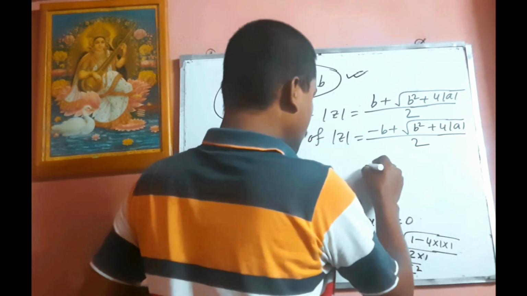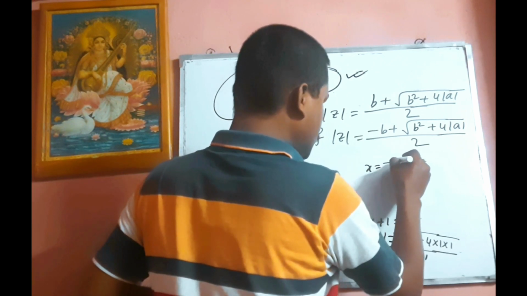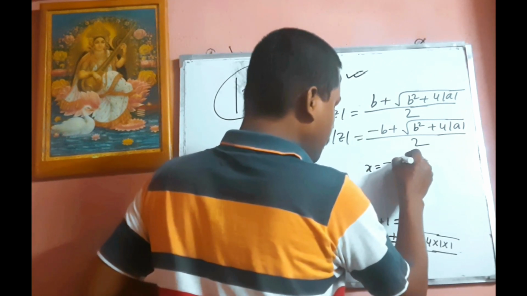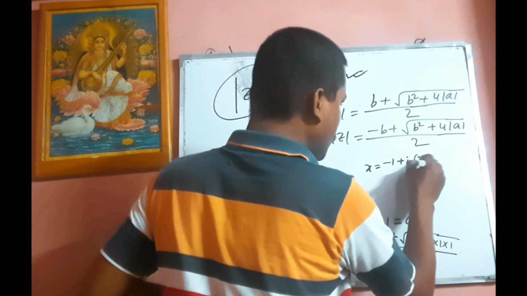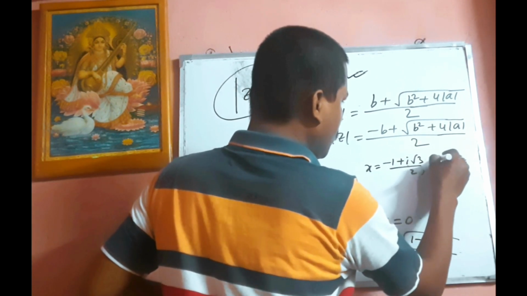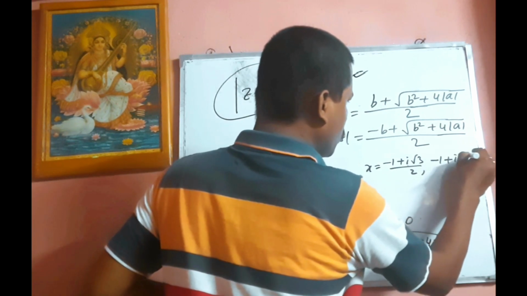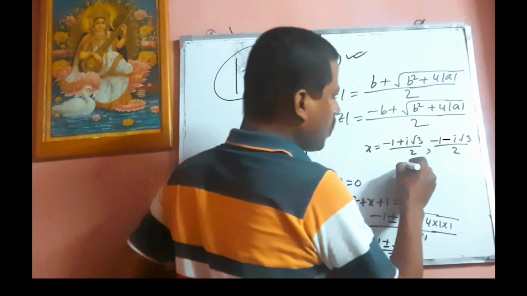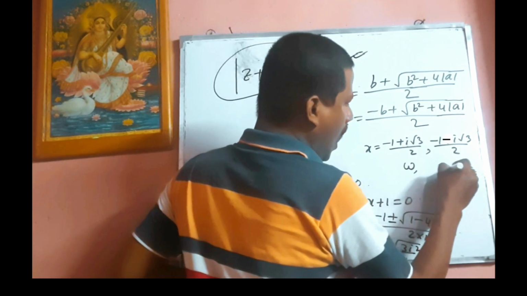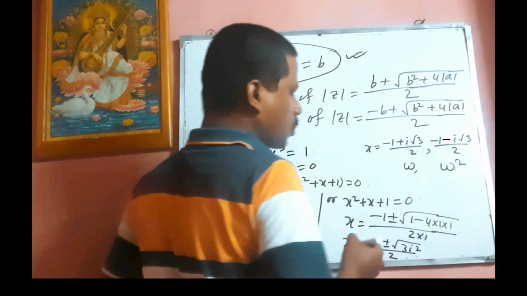And now x will be minus 1 plus root 3 i divided by 2, and similarly minus 1 minus root 3 i divided by 2. These values of x will be considered as omega and omega square.